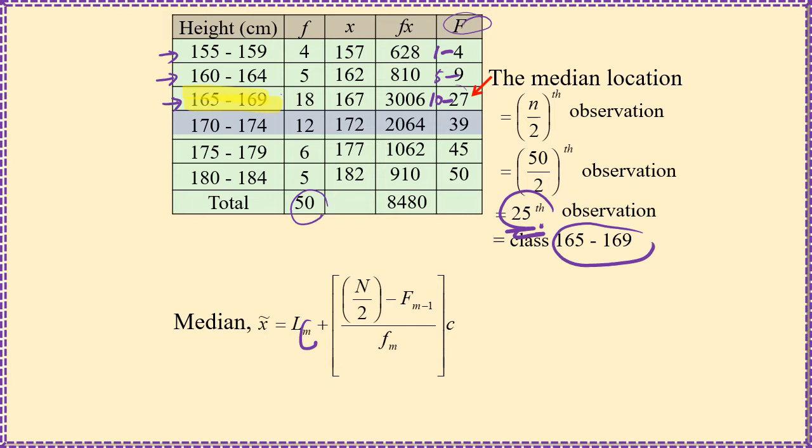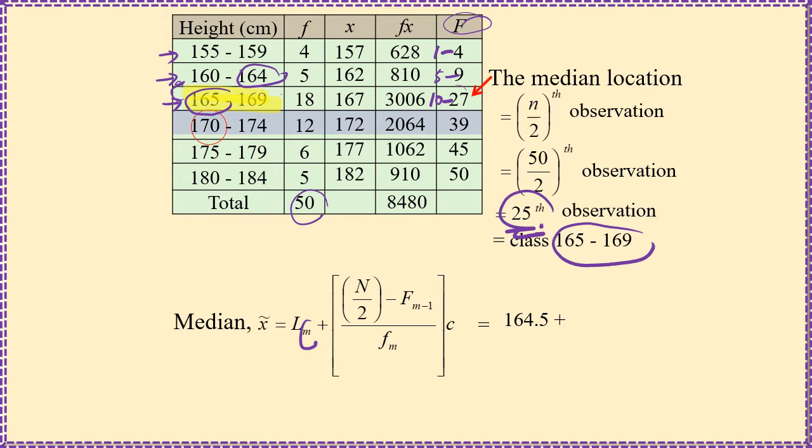We need to find the lower boundary by subtracting 0.5, or we just have to find the midpoint between 164 and 165. So it will be 164.5.